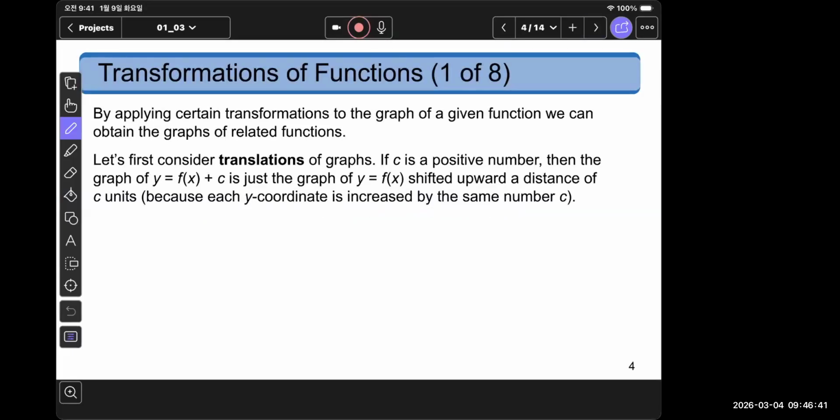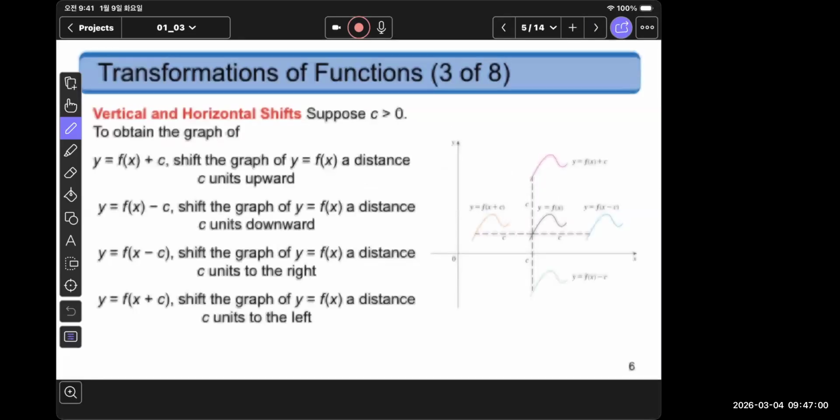Okay, now I want to consider something called the translation of graphs. And this is important, okay? Even though you probably studied this concept in high school days, let me brush up this topic. Suppose that c is some positive number.